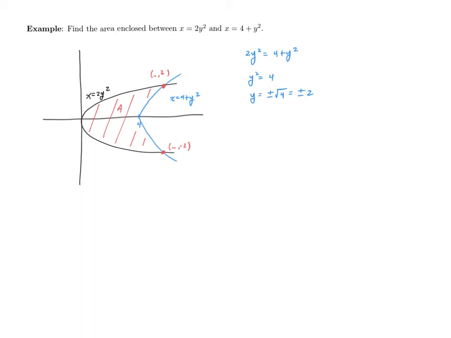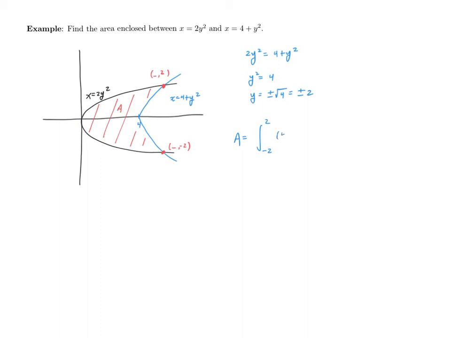And that will give us our limits of integration to set up the integral representing this enclosed area. So A is the definite integral over how the y values are varying, minus 2 to 2. What we integrate is the larger curve minus the smaller. Remember, larger is in terms of x here, so further to the right is the bigger curve, further to the left is the smaller.